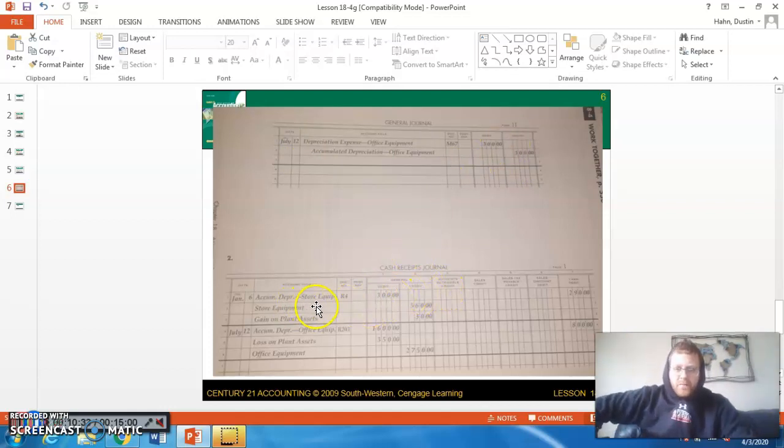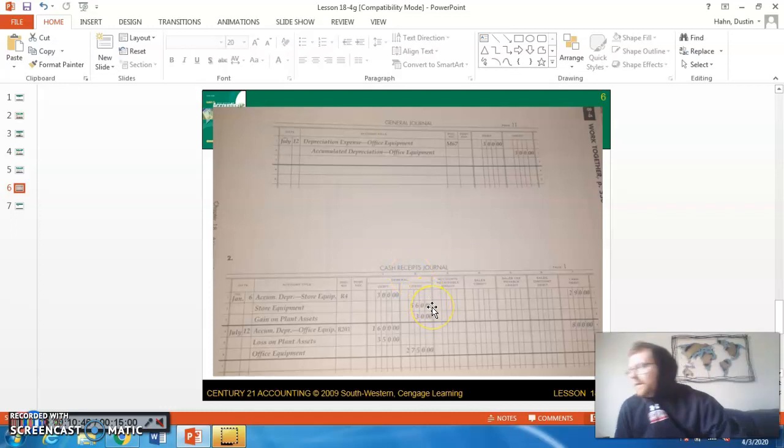So accumulated depreciation for store equipment, that's your 300. It says that you received cash for the sale, so you received that check of $290 right there. The original cost for your computer monitor is $560.